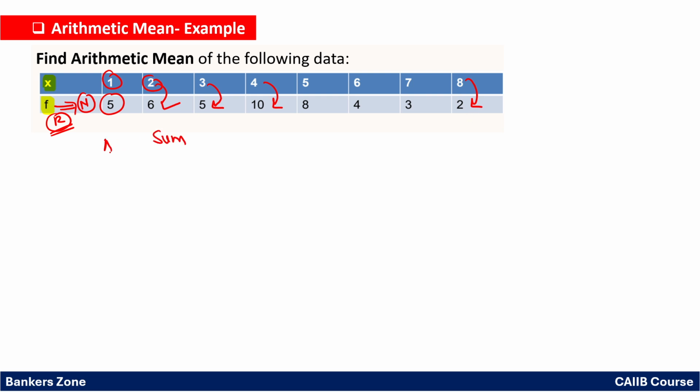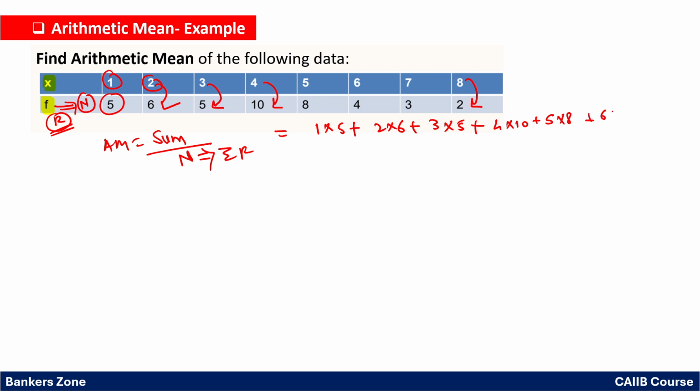Now what is the summation? Arithmetic mean is nothing but the summation divided by the number of items. What will be the number of items here? Summation of all frequencies will be the number of items, right? So what will be the summation? See, 1 repeated 5 times plus 2 repeated 6 times plus 3 repeated 5 times plus 4 repeated 10 times plus 5 repeated 8 times plus 6 repeated 4 times plus 7 repeated 3 times plus 8 repeated 2 times.